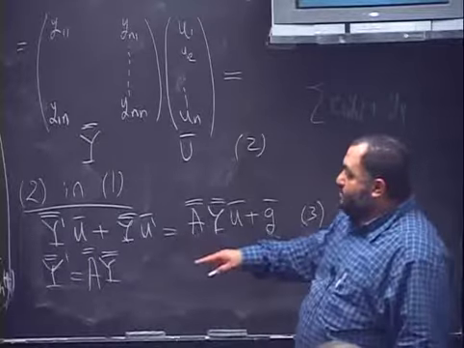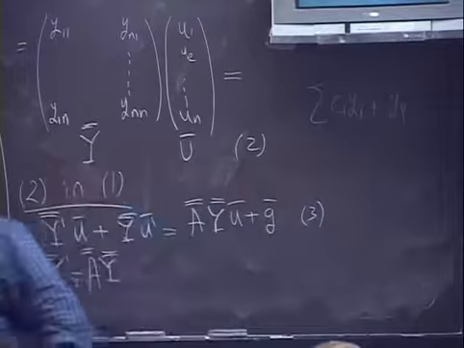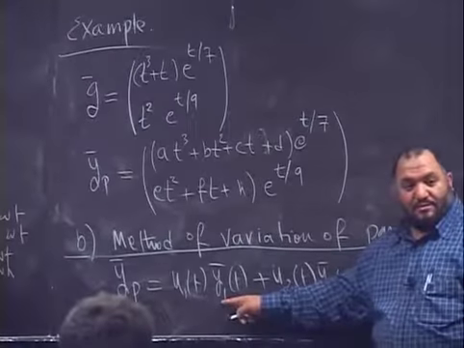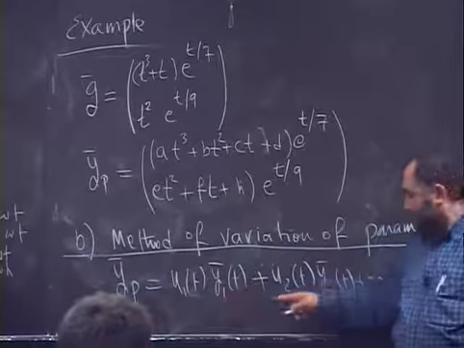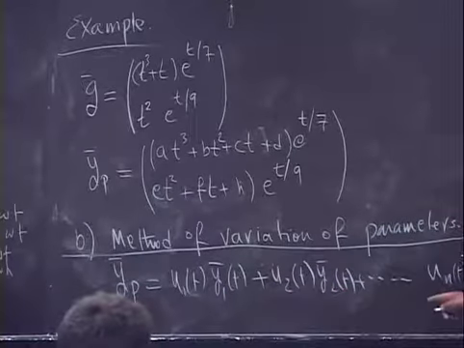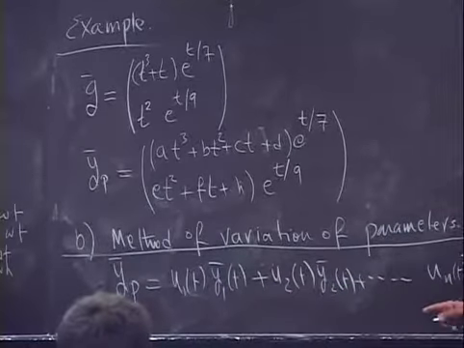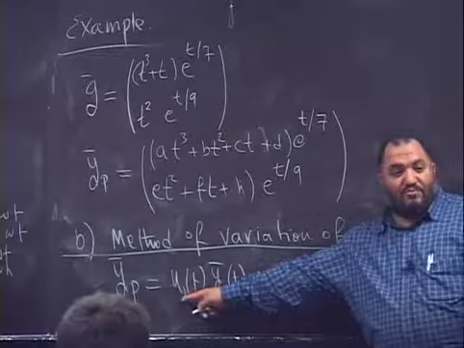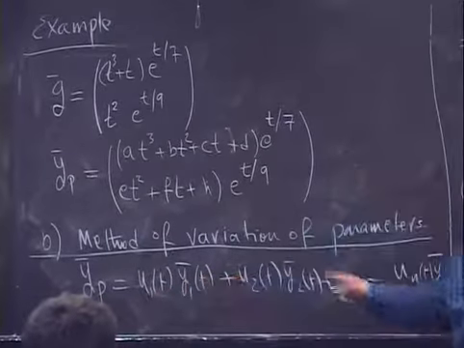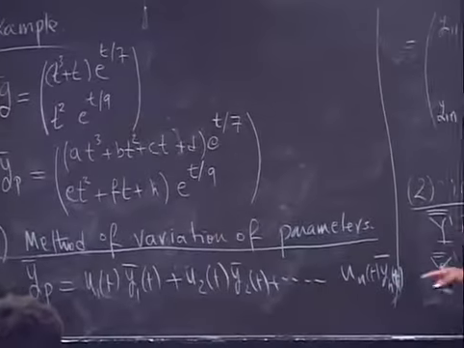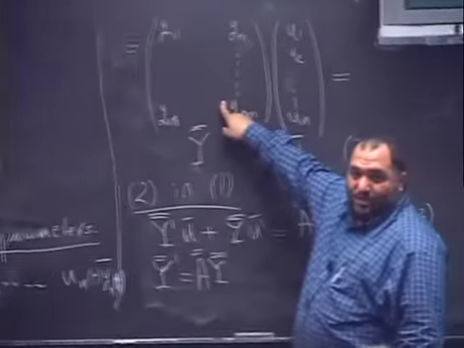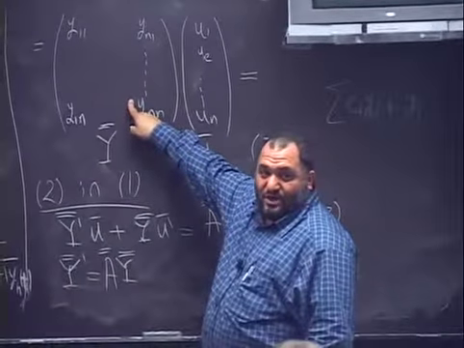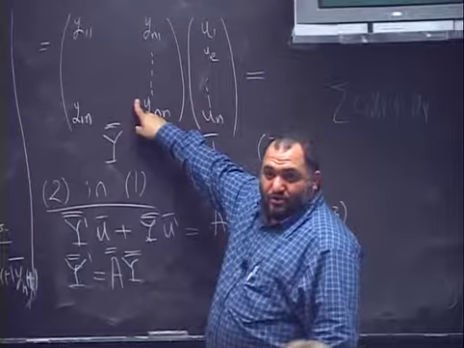We propose the particular to be u1 multiplied by y1. What are y1, y2, y3 and yn? Solutions of the homogeneous equation, but we multiply them by functions called u1, u2, u3, u4. So we end up forming a matrix Y, and this matrix Y contains the homogeneous solutions of the equation.